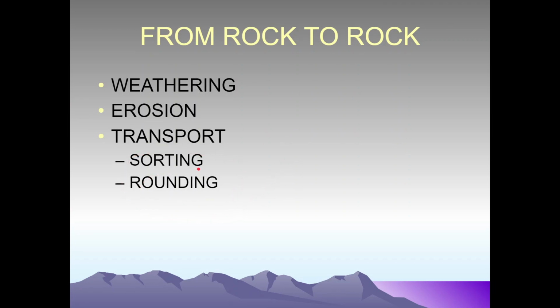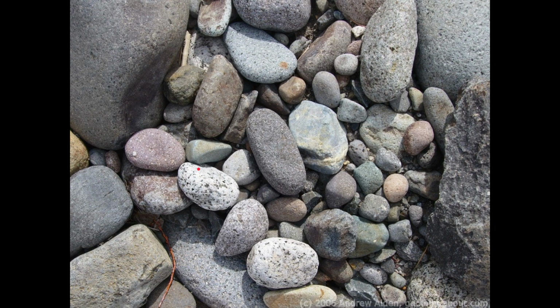Rounding. So there's something with weathering and erosion called abrasion. If you're transporting all this material down a river, or even throwing waves over it, moving sand over it as the waves go back and forth, you're abrading these rocks, like sandpaper, like you're just rubbing sandpaper all over them. So you're rounding them.